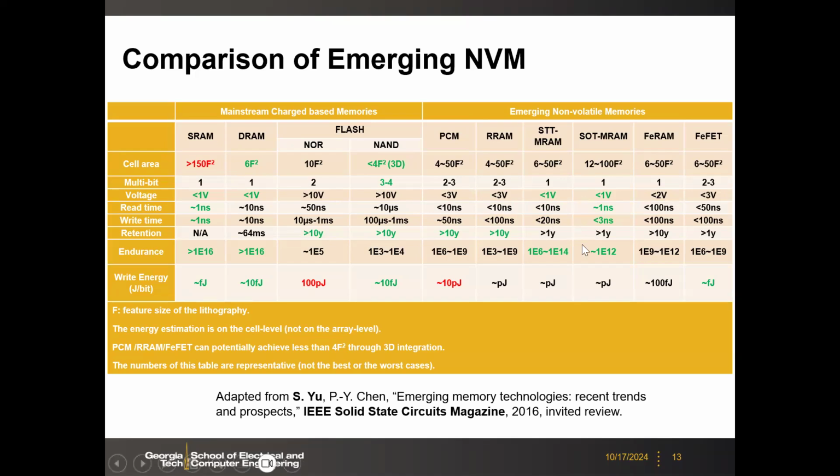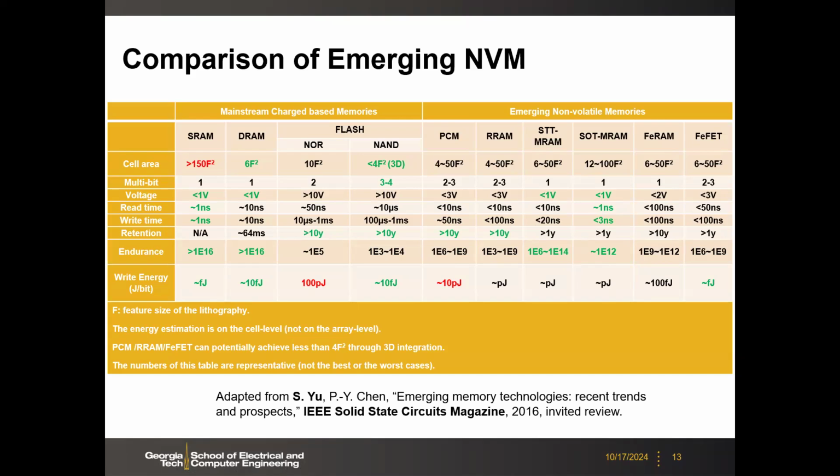But then the challenge is the write time you see here. Most of them, because as I said earlier, you move the atoms, then the write time typically needs tens of nanoseconds, even 100 nanoseconds. This, of course, is faster than flash, but it's not as fast as your SRAM. SRAM is just 1 nanosecond or even below that, at most 2 or 3 nanoseconds, even if it's not level 1 cache.